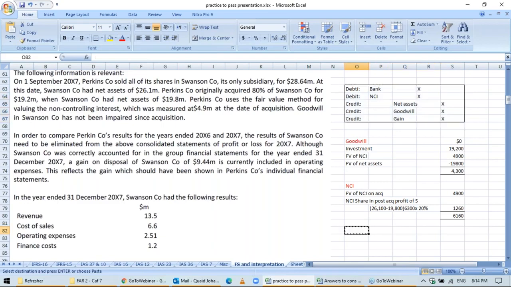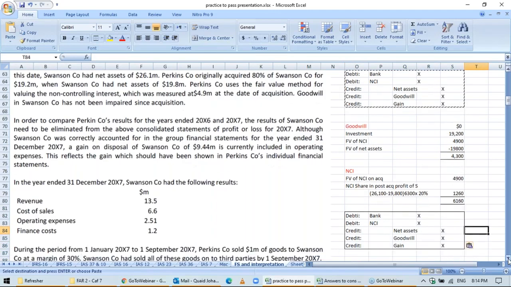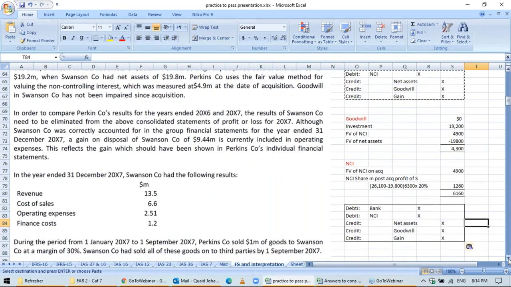Plug in the figures in this entry. It's easy to remember this entry because we have to credit the goodwill, remove the goodwill, credit the net assets, remove the NCI, debited, and you receive cash, so debit the bank.